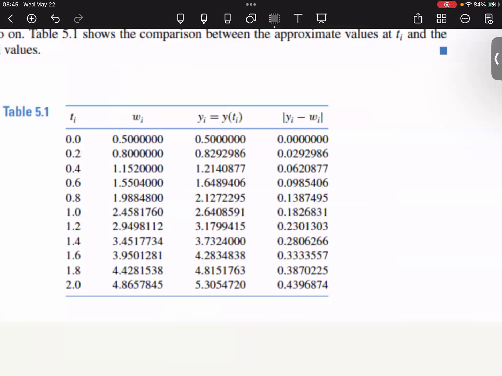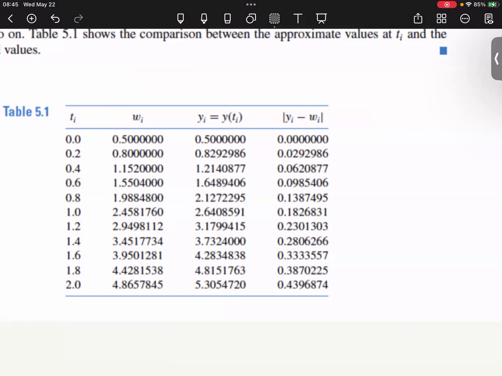So what is very important is that when you see one problem, you would expect the error at the end to be bigger than the errors in between.